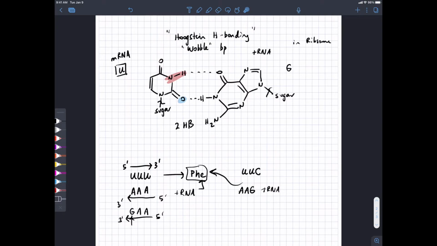And so there's the possibility that the AAG tRNA also recognizes the UUU sequence on mRNA, because in the ribosome, the 3rd position in the codon is flexible. There's a little bit of wobble so that you can adopt an alternative hydrogen bonding scheme. So the genetic code is built in with redundancy, and some of that allows for the same tRNA to recognize 2 different coding sequences, and that can be useful for whatever reason.